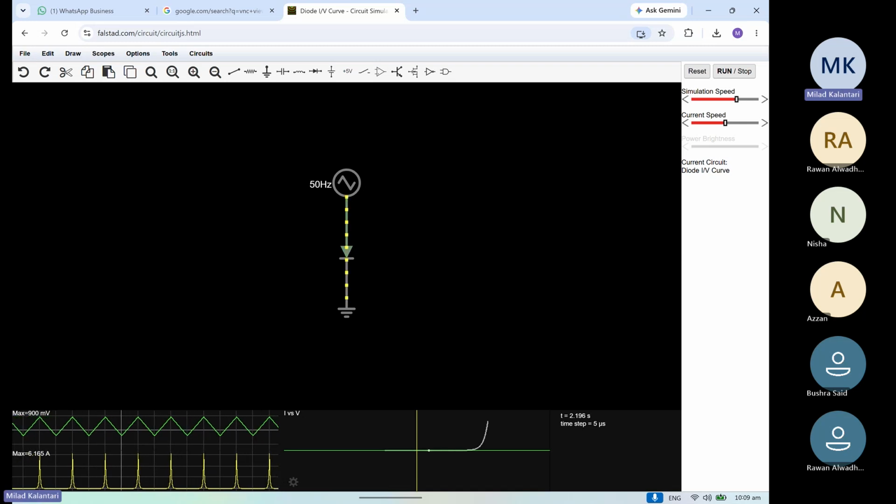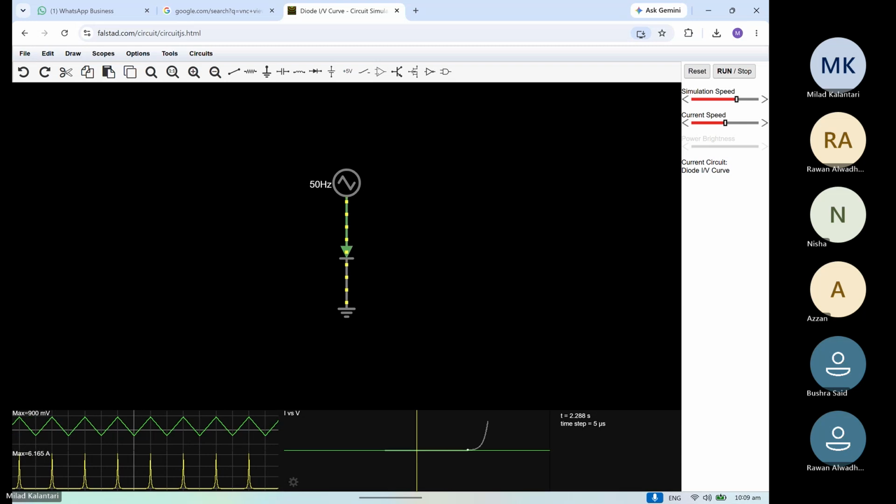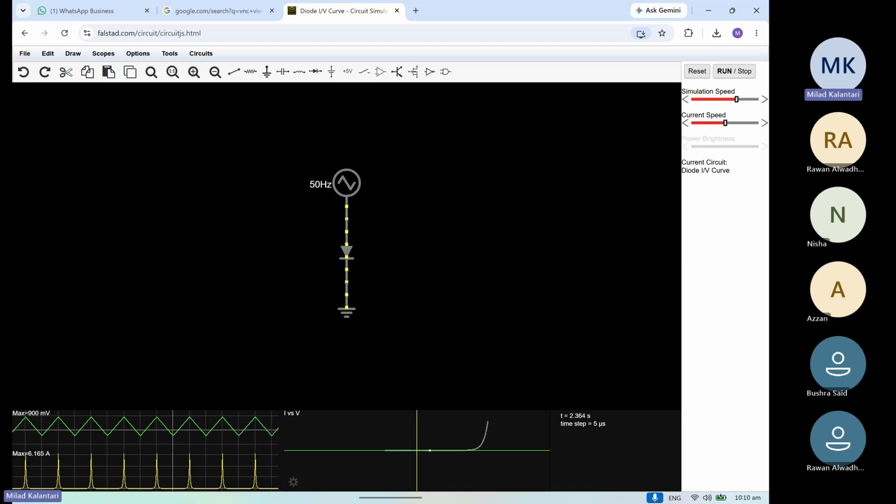Allowing the current to flow only in one direction when the voltage is above a certain threshold. Yes. And what are these waveforms showing? Voltage against time and current against time.